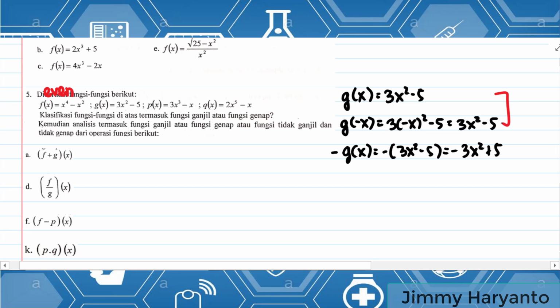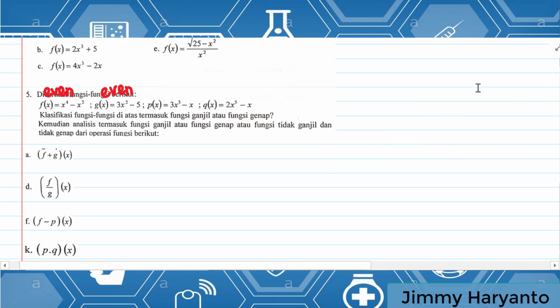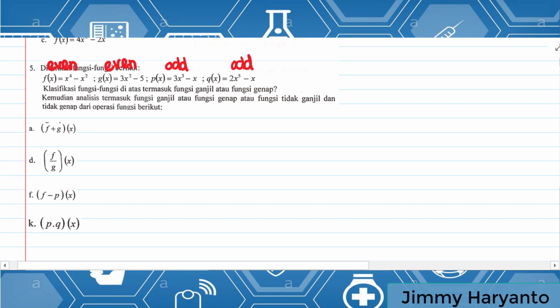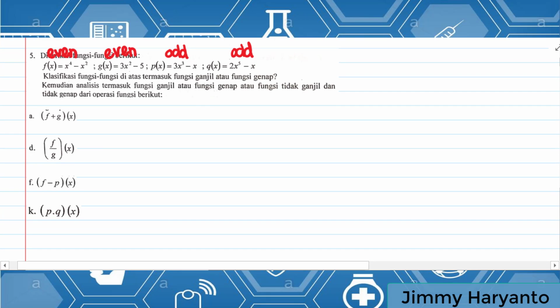This one is also the same, that means even function and not odd. So this one is an even function also. And then p(x), using the same method, you will have odd, and this one also odd. Okay, so f(x) is even, g(x) is even, p(x) is odd, q(x) is odd.